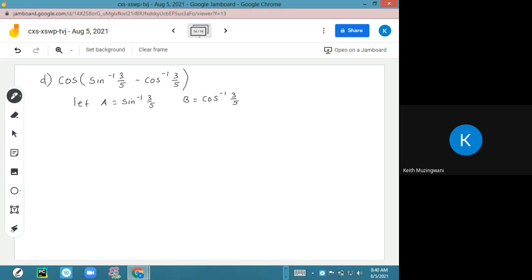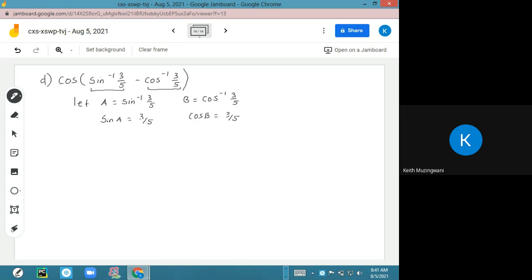If you are given cos of this nature, you go for the inside. Let A be the first piece of the inside and B be the second piece. This is the same as sine A is equal to 3 over 5, and this is cos B is equal to 3 over 5.